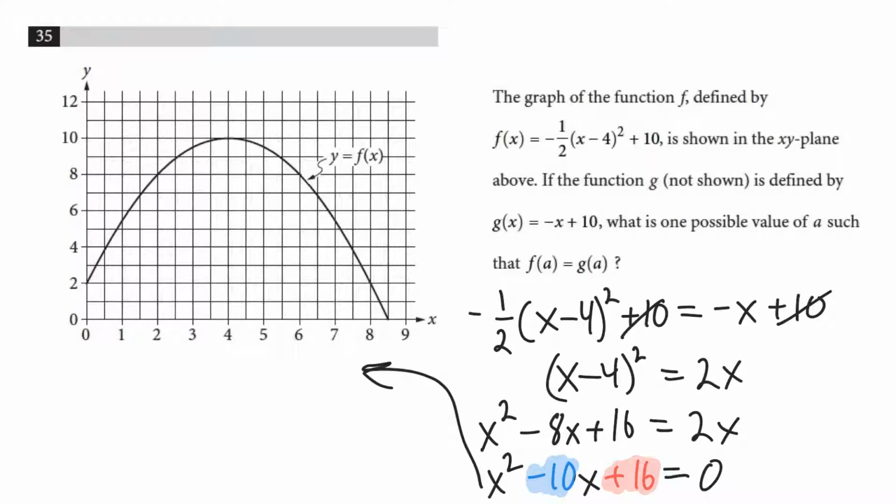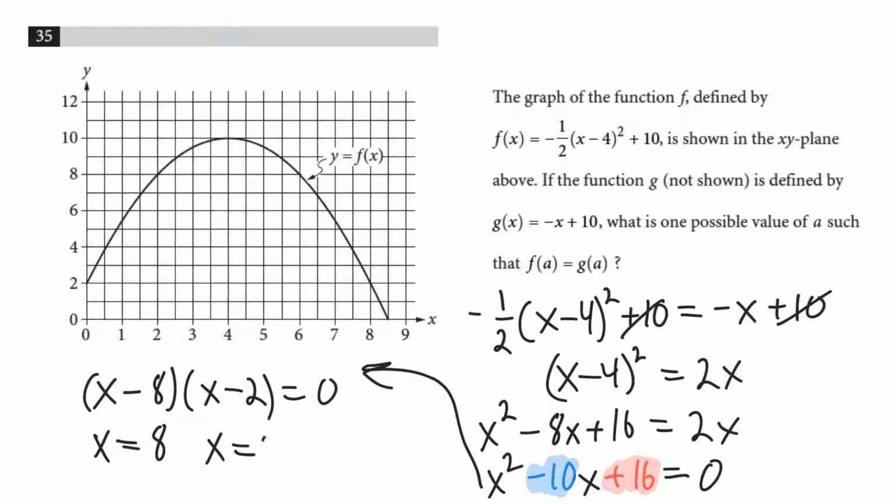In this case, it looks like it's going to be negative 8 and negative 2. Two negatives multiply to a positive, add to a negative. So we have an x solution of positive 8, and a solution of positive 2. Either one of those values will work.